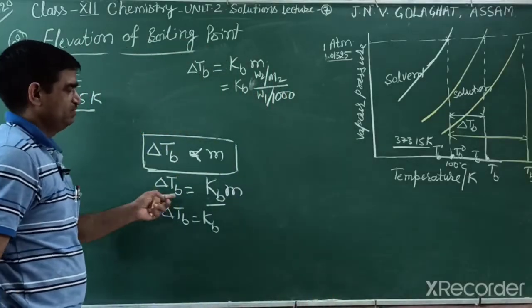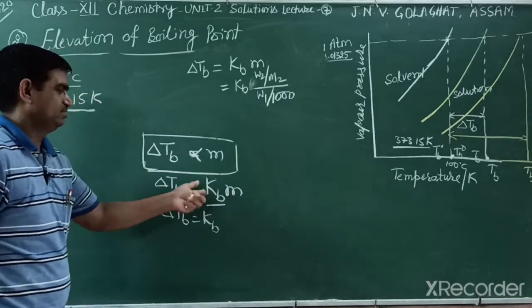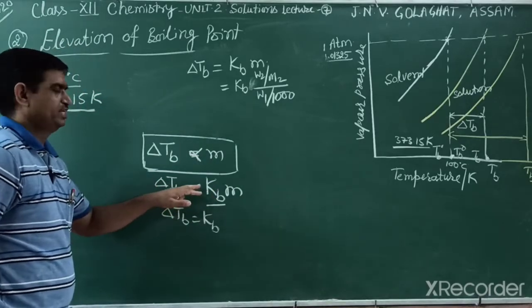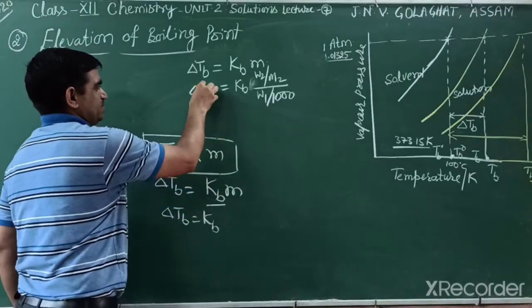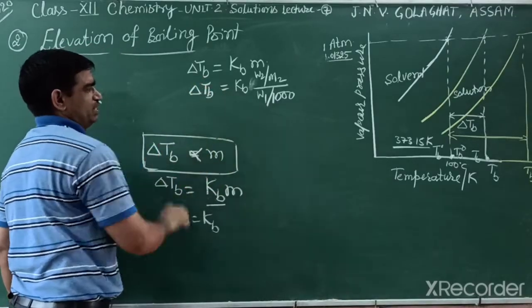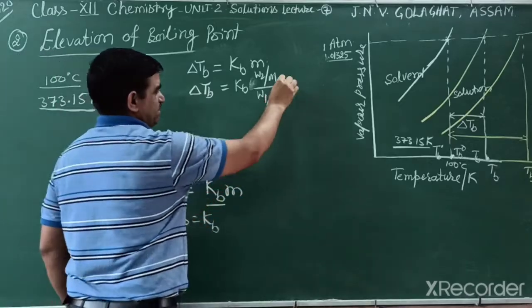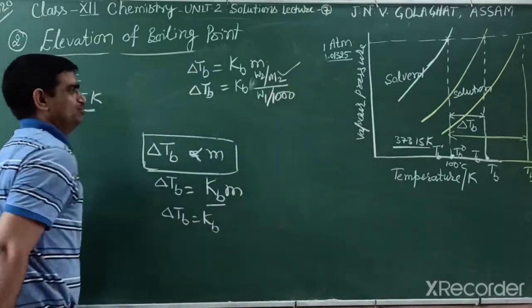And we can find out the unit of this Kb constant also. So what is our main motto? What do we want? We want to find out the molar mass of solute.